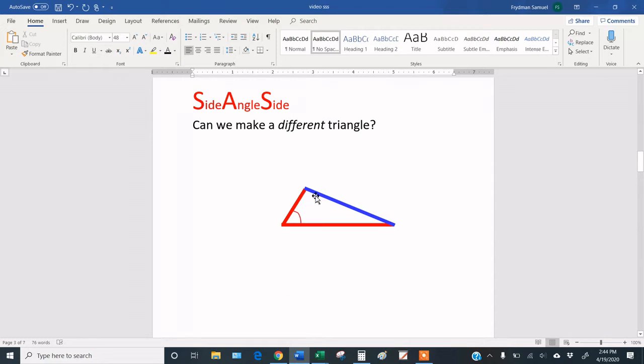However, this angle and this angle are allowed to change. And I'm also allowed to change how long or how short this side is. So that can also change. And again, the question we're going to ask ourselves is, can we make a different triangle? So go ahead and pause the video and try to see if you can do that.